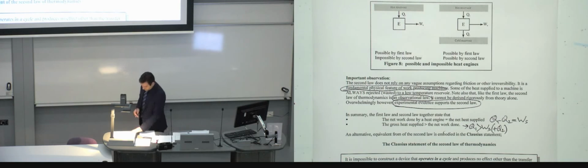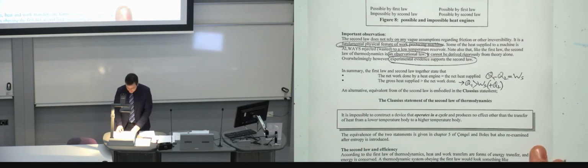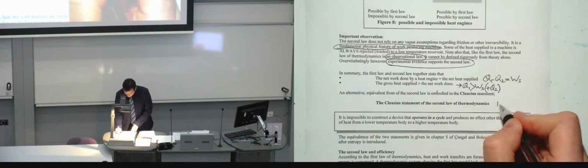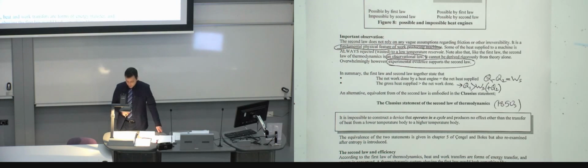Now I want to look at another statement, which again refers to the second law. This is the Clausius statement, and this is from the 1850s, so it actually came before the Kelvin-Planck. It is impossible to construct a device that operates in a cycle and produces no effect other than the transfer of heat from a lower temperature body to a higher temperature body.